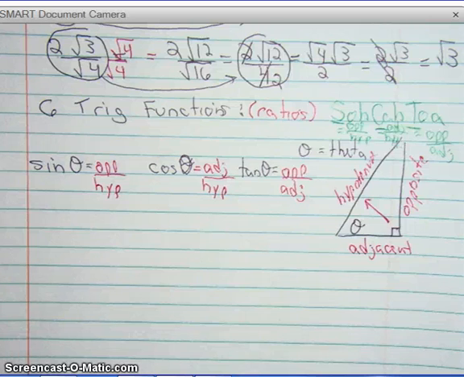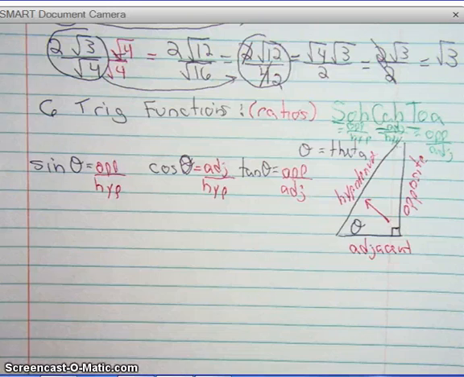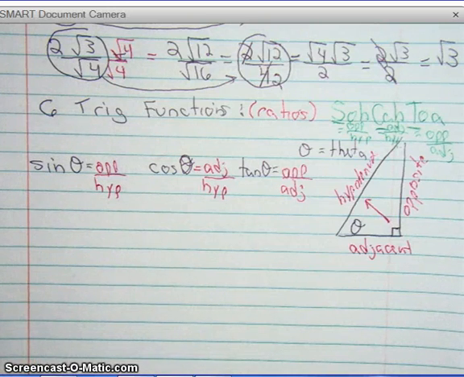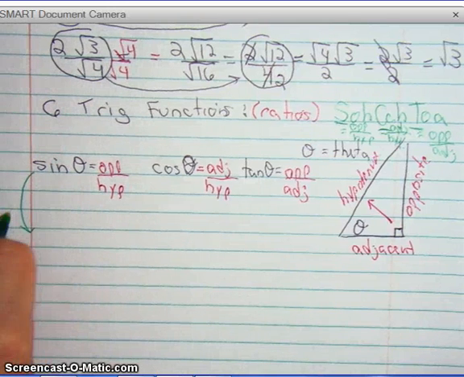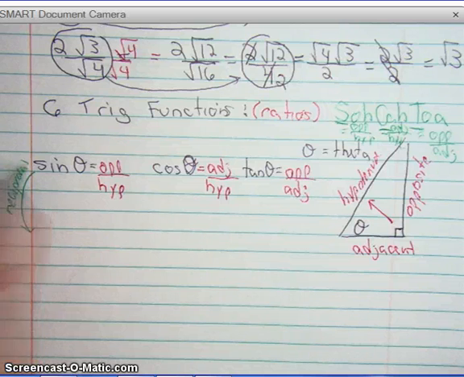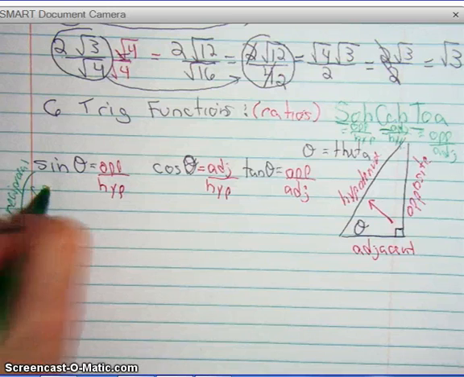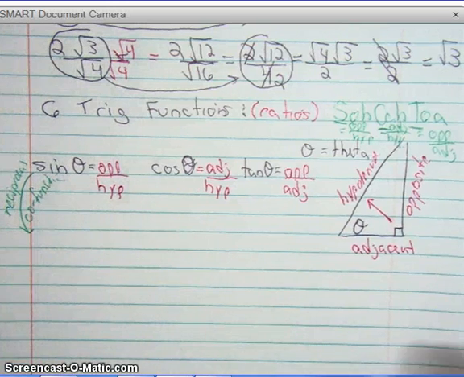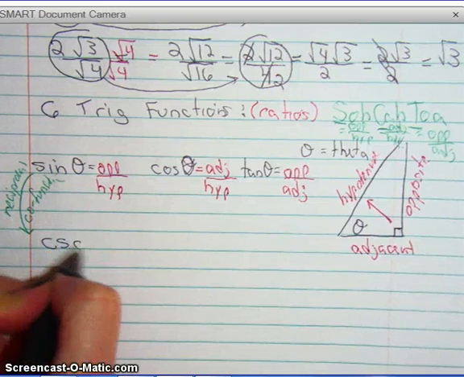Good. Each of these trig ratios or functions has a reciprocal function. Reciprocal is also called the co-function. Is that like the -1? No, that's called the inverse. The reciprocal function of sine is labeled CSC.